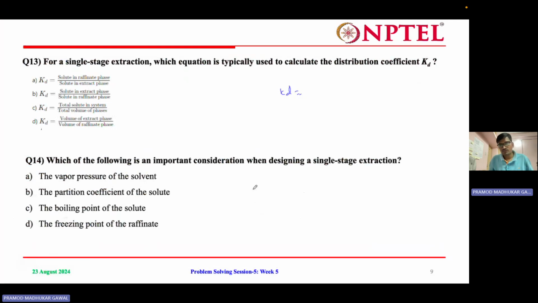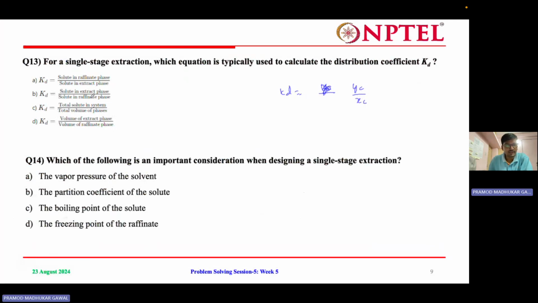So we can say yc divided by xc. Here yc is the mole fraction of solute in the extract phase, that is the solvent rich phase, and xc is the mole fraction or mass fraction of solute in the raffinate phase, which is the water rich phase.